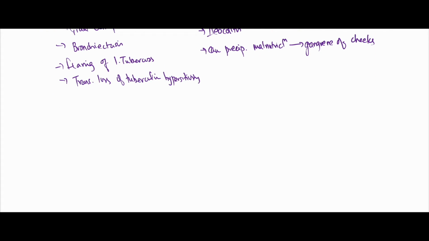Now we go on to talk about the neurological complications. Neurological complications include acute encephalitis, occurring in 1 to 2 per 1,000 cases.